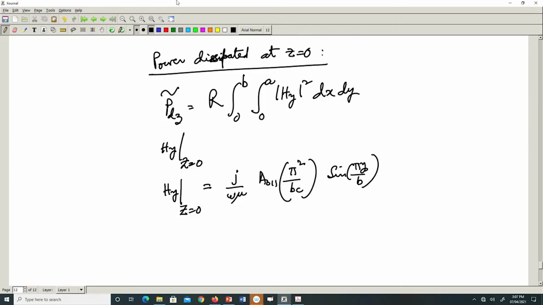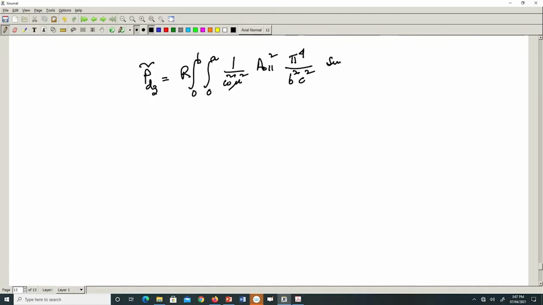and therefore, from here P d 3 tilde is evaluated as R integral 0 to b, 0 to a, 1 by omega square mu square a 0 1 1 square pi to the power 4 divided by b square c square sin square pi y by b dx dy.